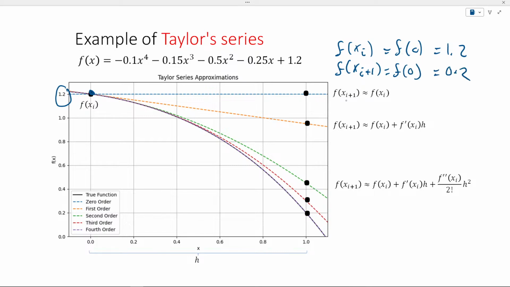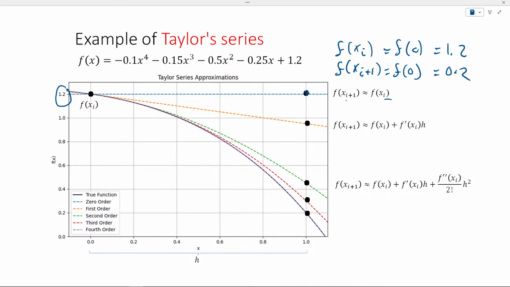But with my first approximation, what did I do? Basically, all I'm saying is that I just move this point here, so f of x1 is equal to f of x0. This guy would be equal to this guy.